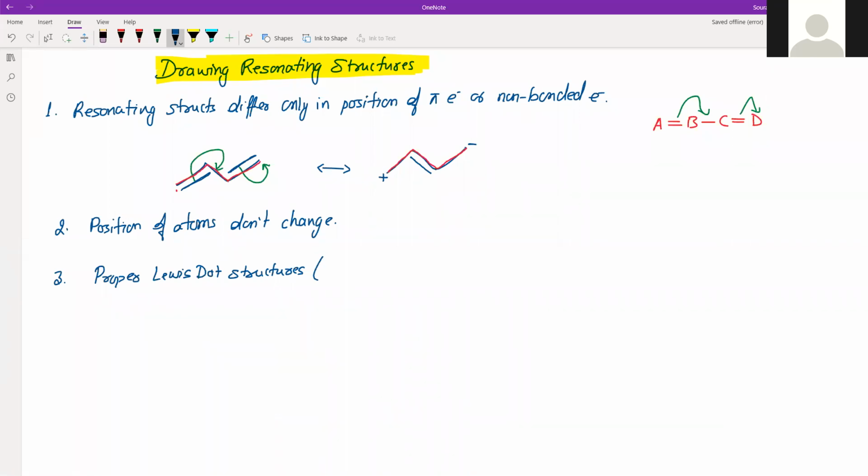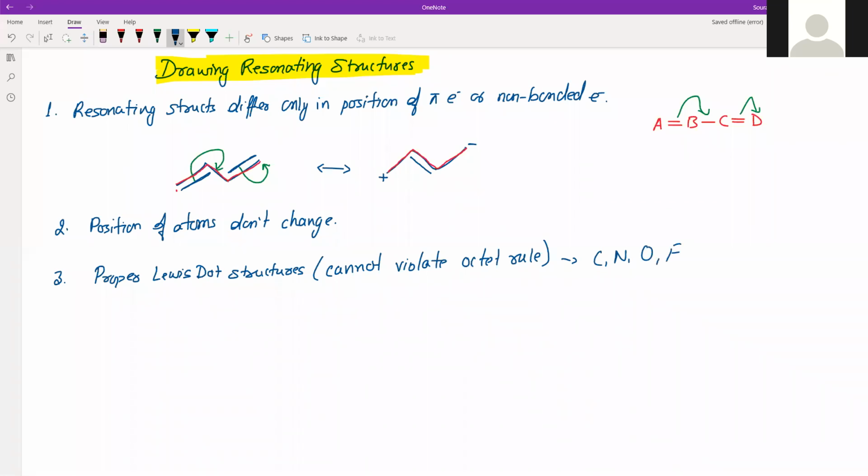Octet rule says the outermost shell will have only 8 electrons, and that is applicable only for the second period, that is for carbon, nitrogen, oxygen, and fluorine.